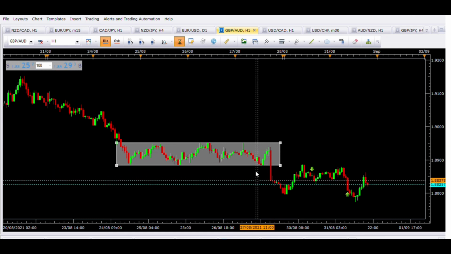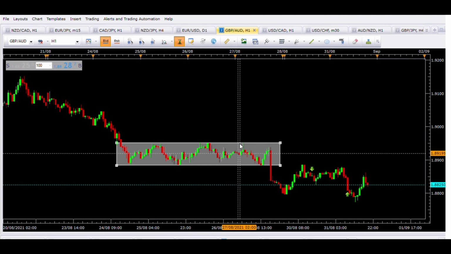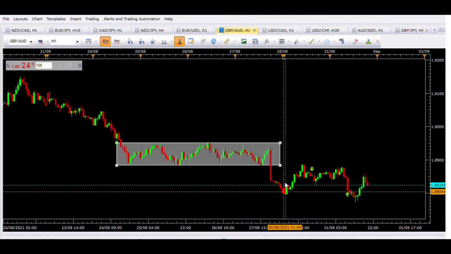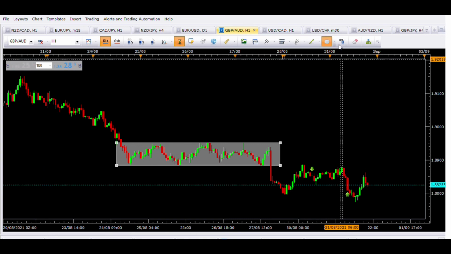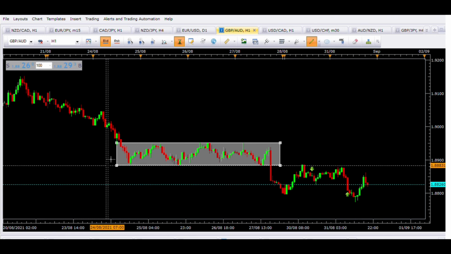As you remember from my last tutorial, this tells us that sellers are in control, okay, and the market is taken lower. This area here, okay, so let me draw a line.